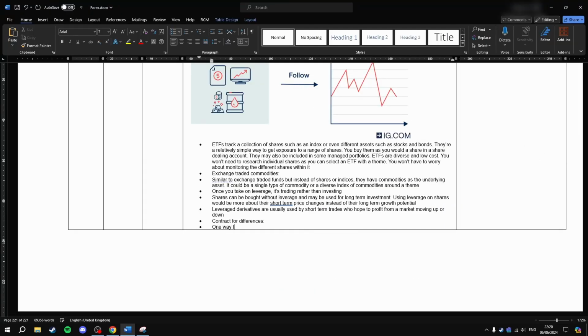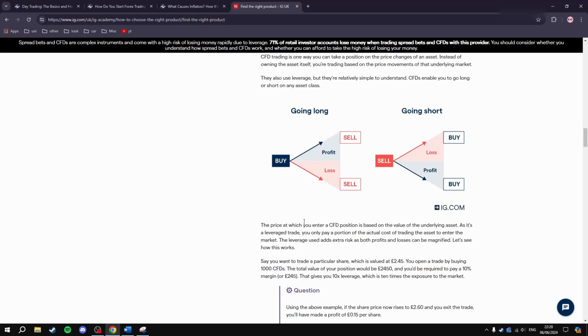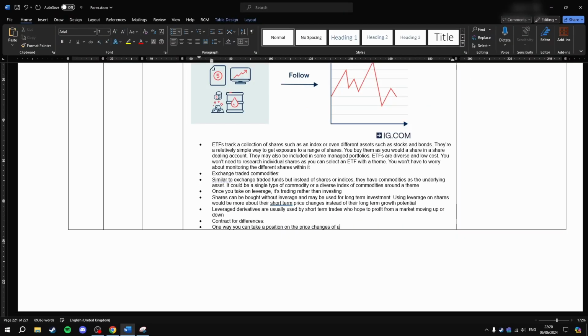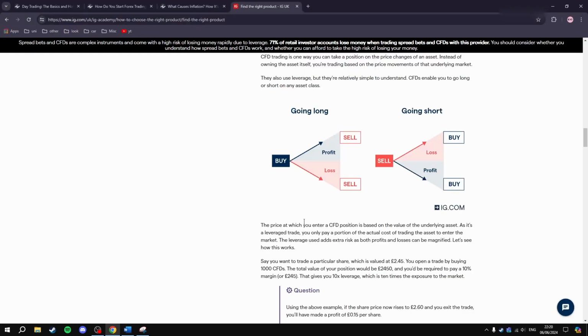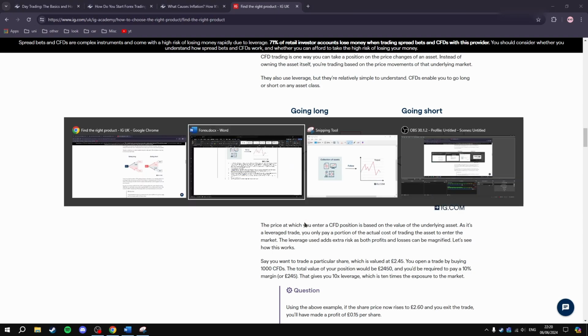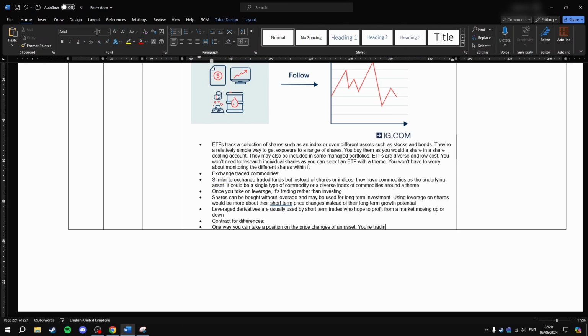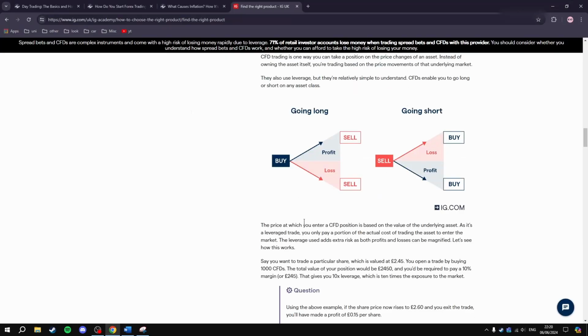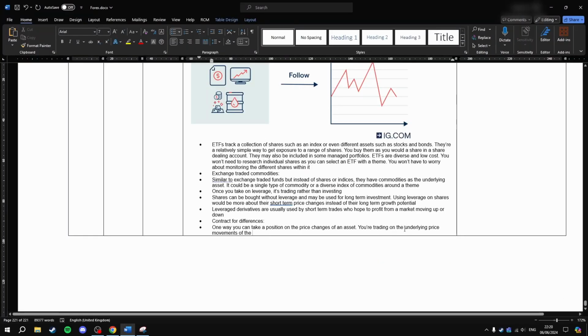It's one way you can take a position on the price changes of an asset.